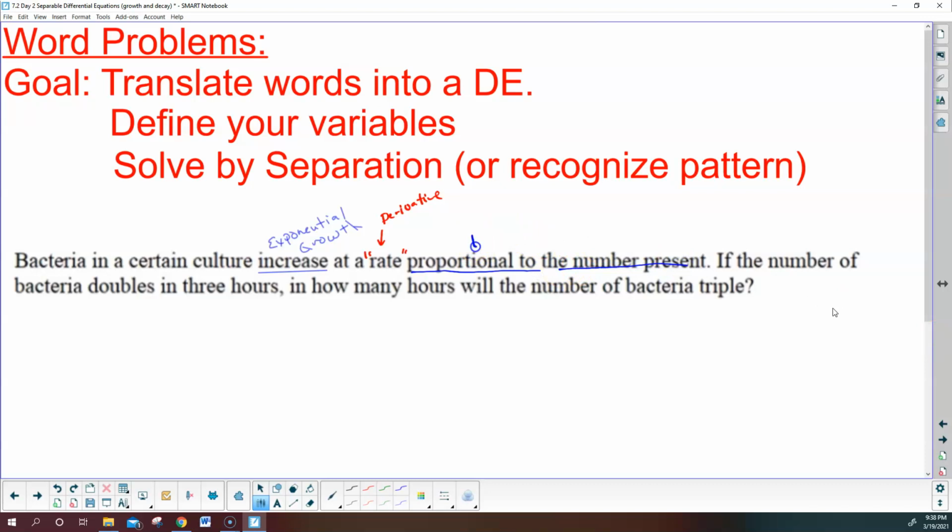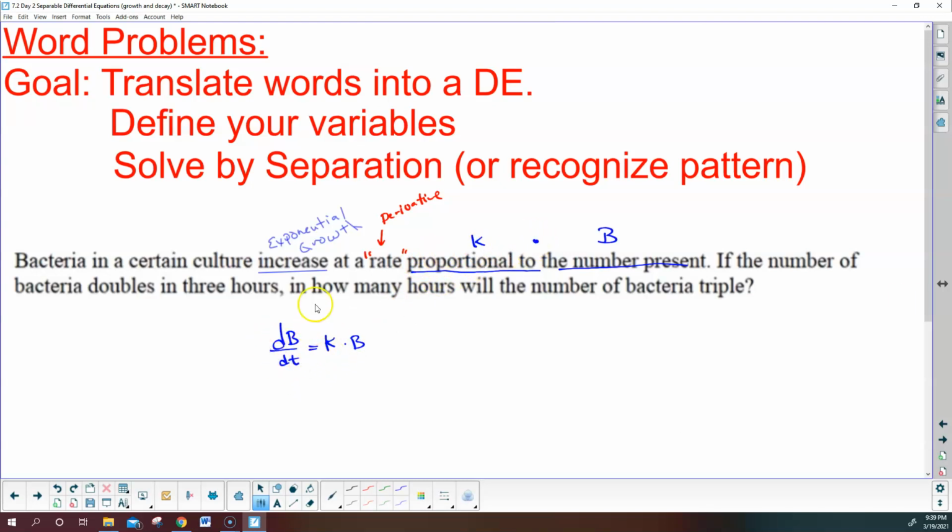When you see proportional, that means you have to have that k value, and then we have the number present. So let's call B the number present of bacteria. So I have the derivative, which would be the change in B with respect to time, is equal to or is proportional to K times B. Remember, proportional or directly proportional meant multiply.